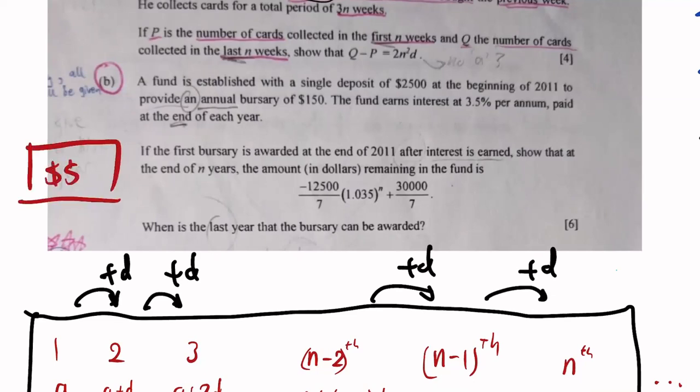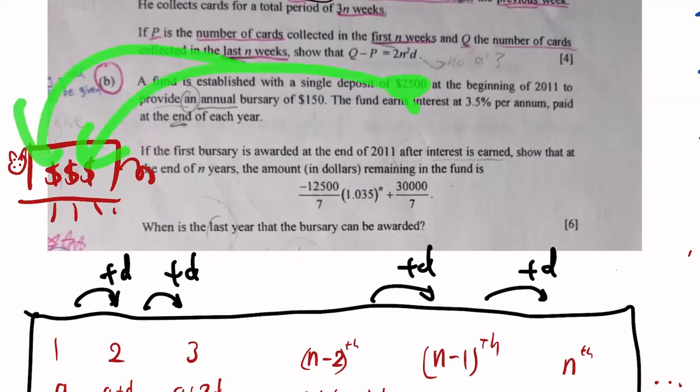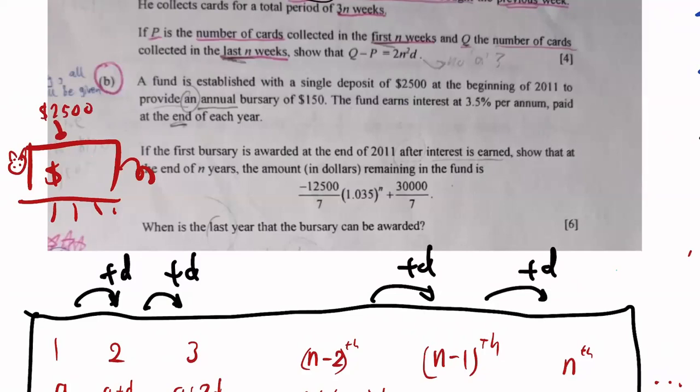So they have a piggy bank, and inside there is money. What happens? You deposit $2,500 inside. And then there's interest, R% interest, you earn interest.